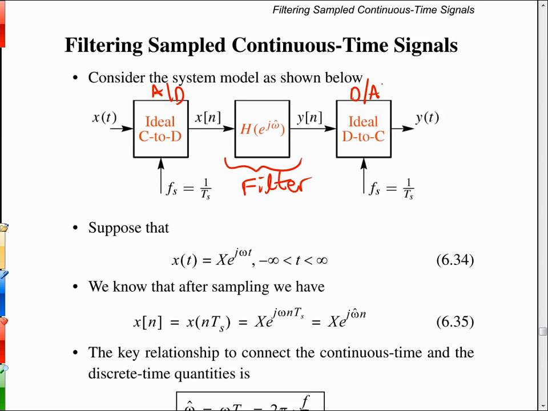And this scenario is played out in a lot of different contexts. We've seen this in the class before when we were doing sampling theory, but now we actually are modeling something that's useful stuck in between. Namely, we have a filter stuck in the middle. So we might choose to bring in an analog signal, process it in a particular way with a filter, and then ship it back out again.